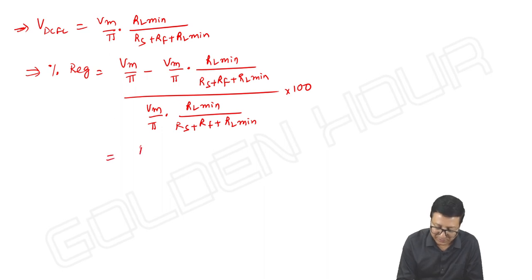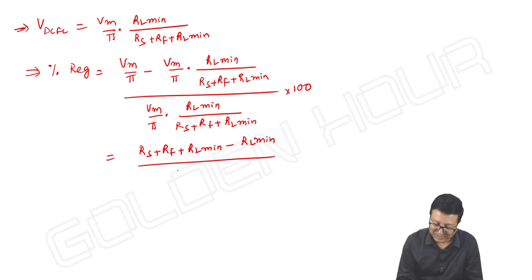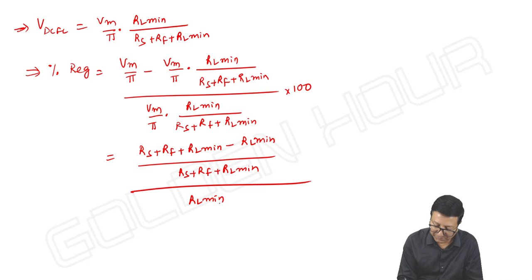Then further we can write it like RS plus RF plus RL minimum minus RL minimum, whole thing divided by RL minimum by RS plus RF plus RL minimum.